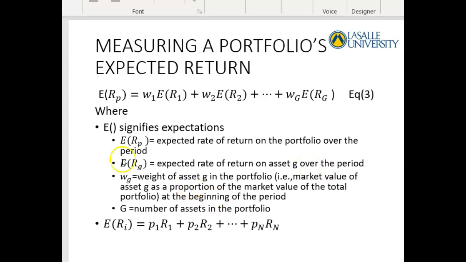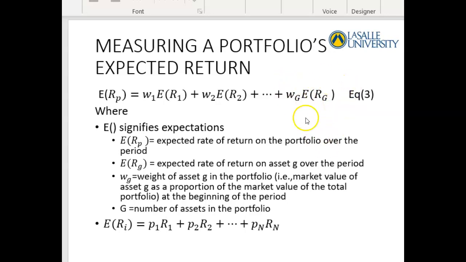So the way we calculate the expected return for the portfolio is using individual expected returns for each asset. And if you look at each individual expected return, the question would be, how do you get the value for the expected return of each individual asset if we're talking about the future and we still haven't observed what those values would look like?